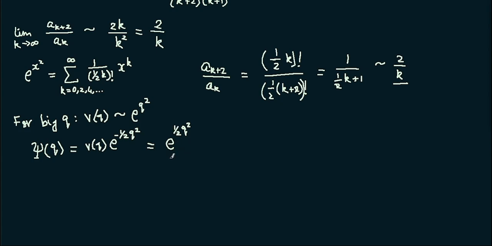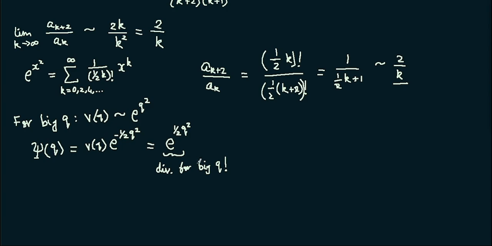But this is a function that diverges for big values of q, and that is a problem because then our wave function isn't normalizable.